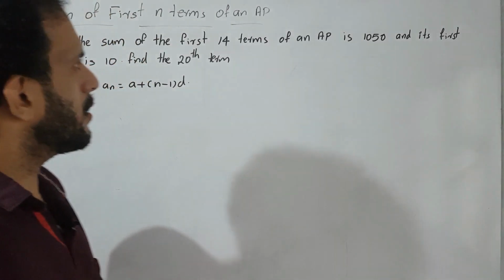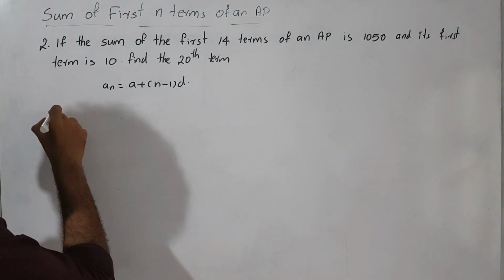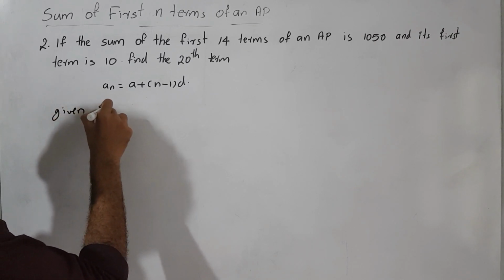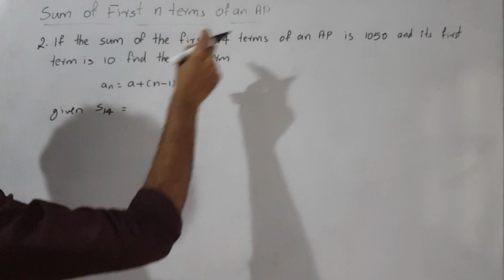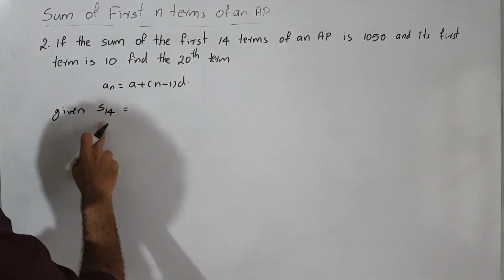Okay, then how do we start? 1050 is the sum of 14 terms. So we denote this given as S14. For the sum, the n value is different.